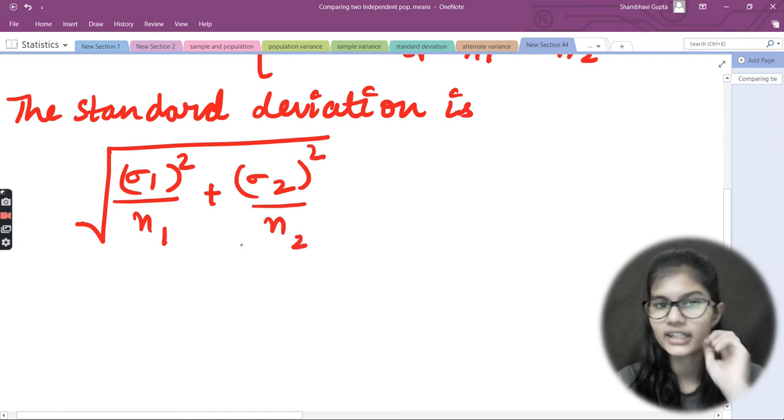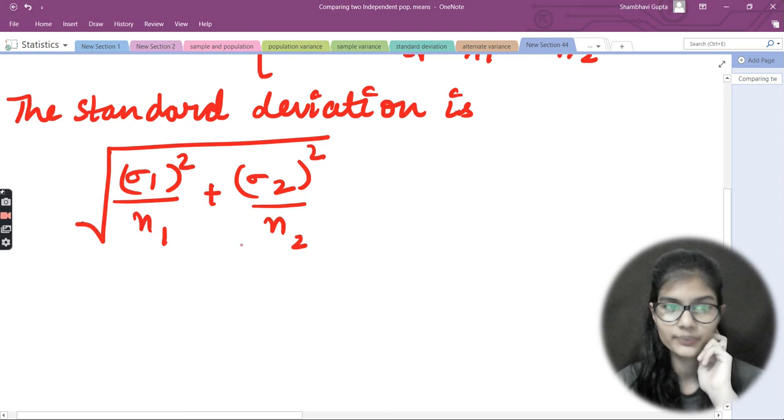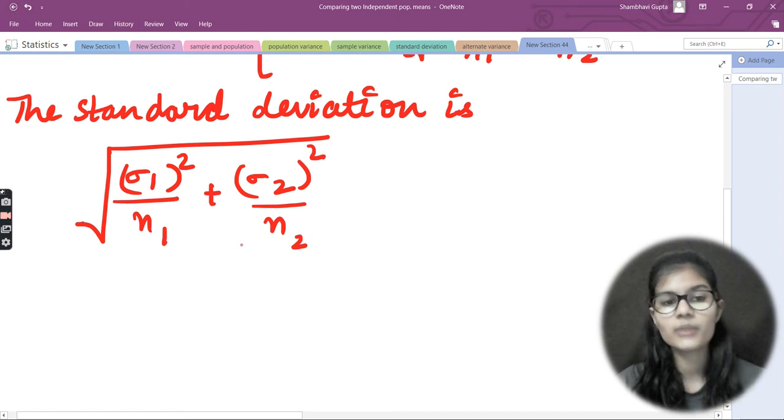Okay, so this is the standard deviation we actually have here, right? That is the square root of sigma 1 squared by n1 plus sigma 2 squared by n2. This is the standard deviation.